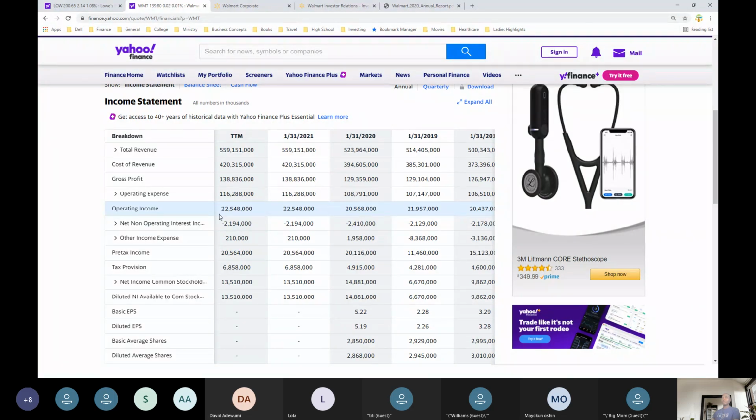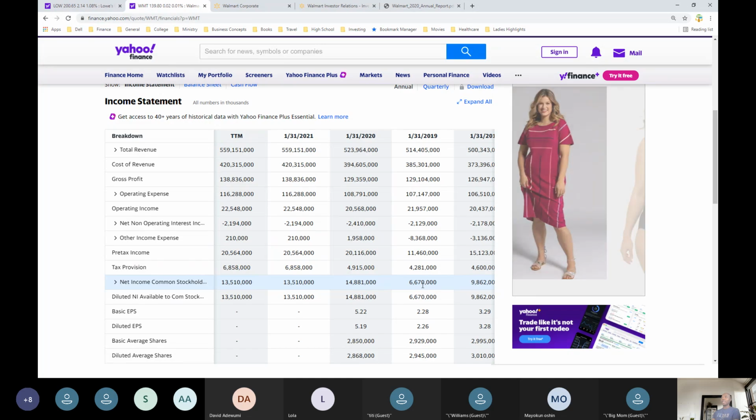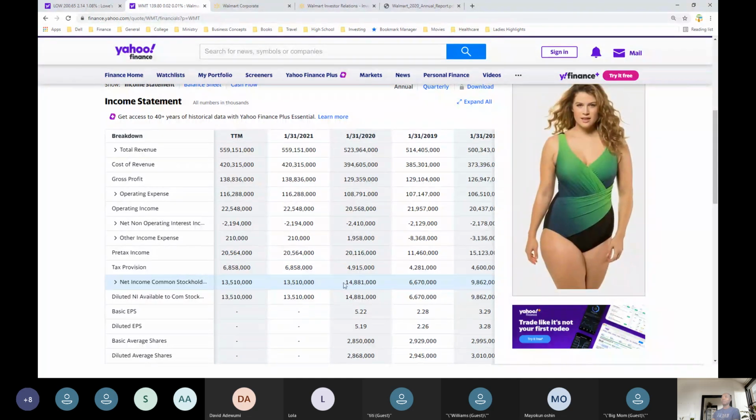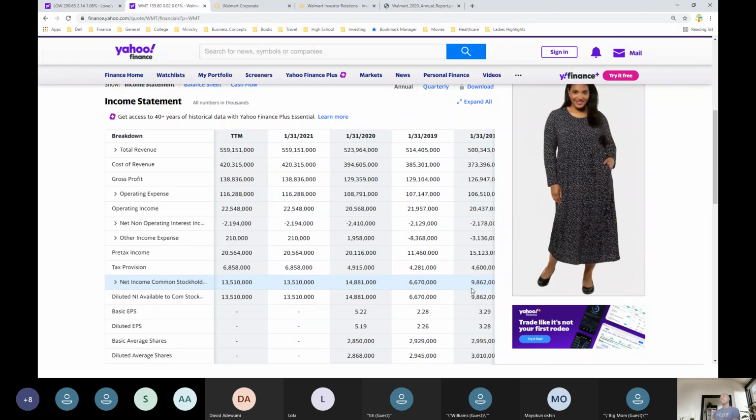They might be having a reduction in the operating income. Okay, then you look at the net income also. Net income went up from 9 billion or 10 billion. It came down to 7 billion, went up to 15 billion, stayed at 13.5 billion. So generally speaking, their net income is on an upward trend.